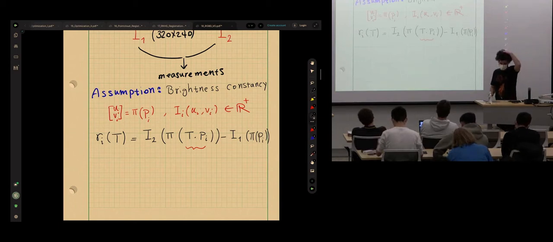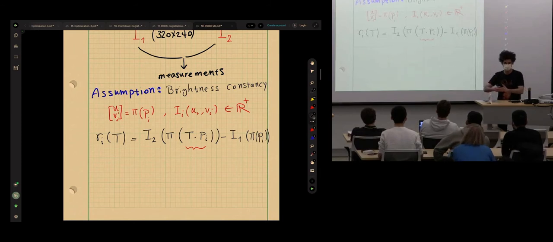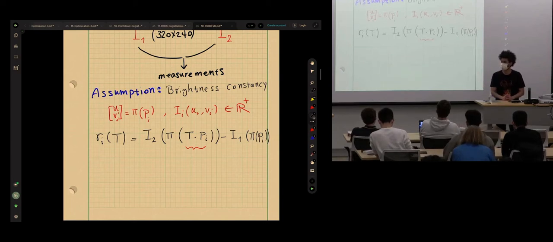So see the point in frame 1, transform it to frame 2, project it onto the image 2, read the pixel value, intensity value in image 2. Subtract it from the corresponding intensity value of the point we transformed in image 1. That's the residual.